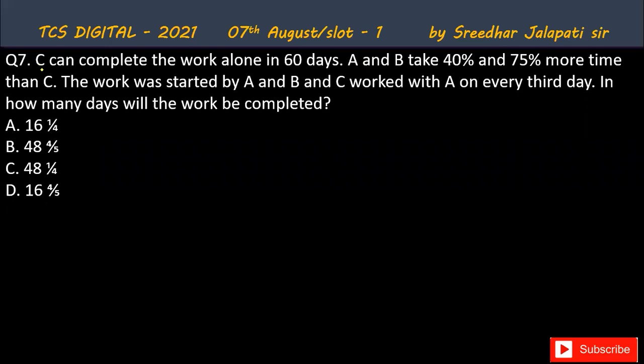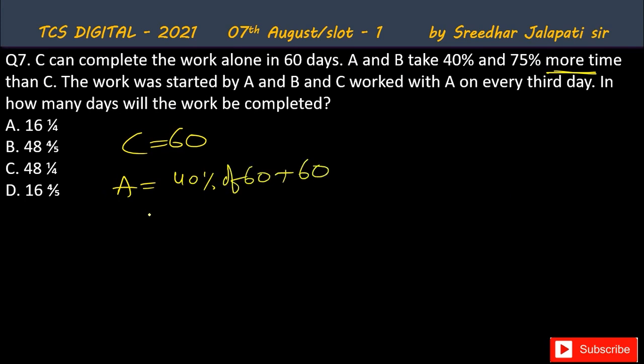Seventh question. C can complete a work in 60 days, whereas A and B take 40% and 75% more time than C. So A takes 40% more than C. First of all, 40% of 60 plus 60. 40% is 24, plus 60. That means A takes 84 days.